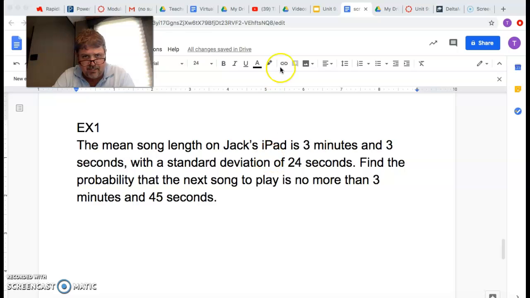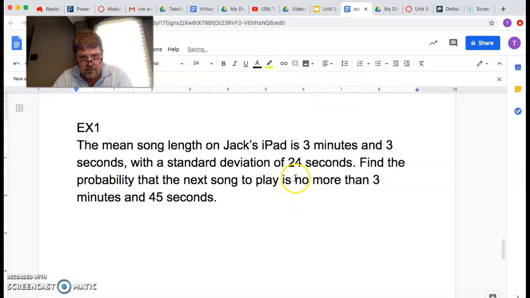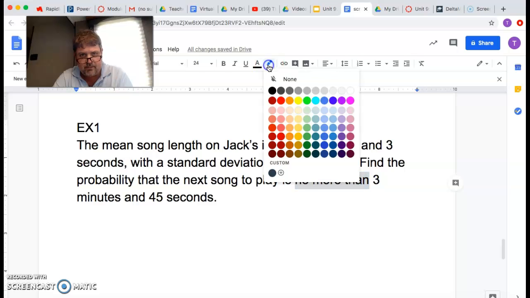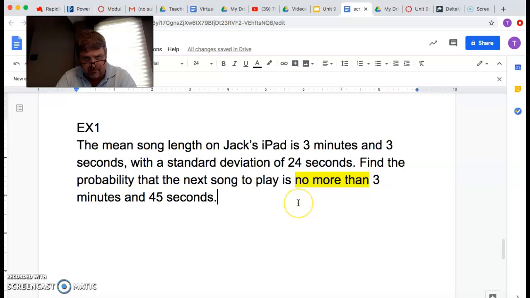Now, the next thing that pops out at me is this right here, no more than. That's something you've got to look for. That is showing us that this is a left-handed probability that we need to work on, right?